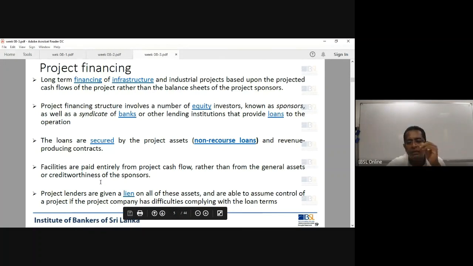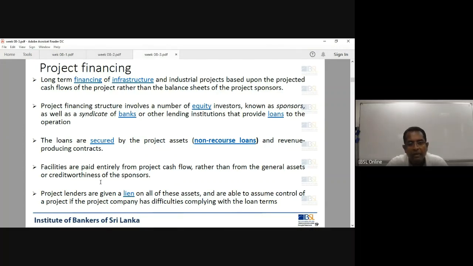I'm just brushing you through what we did last week, right? It is long-term funding of infrastructure or commercial projects based on the projected cash flows. This is the difference. I told you last week also, we do asset-based financing and cash flow-based financing.